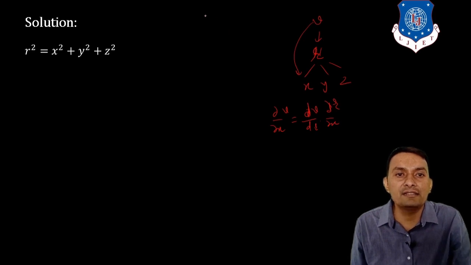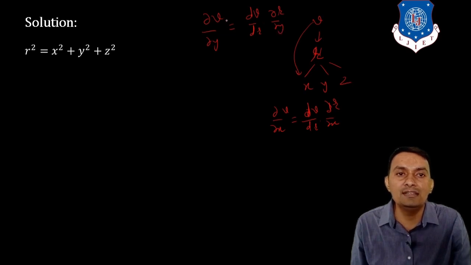In the same way, to determine del v by del y, first dv by dr into del r by del y. And the same argument gives del v by del z, that is dv by dr into del r by del z. For that, what do you have to determine? We have to determine del r by del x, del r by del y, and del r by del z.